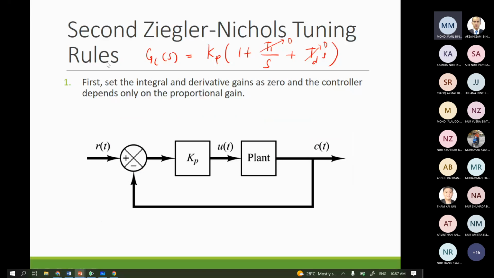For the second Ziegler-Nichols tuning rule, first you need to set the integral and derivative gains, which are Kp times Ti and Td here. We need to set Ti and Td equal to 0, and we let the PID controller depend only on the proportional gain, only Kp.